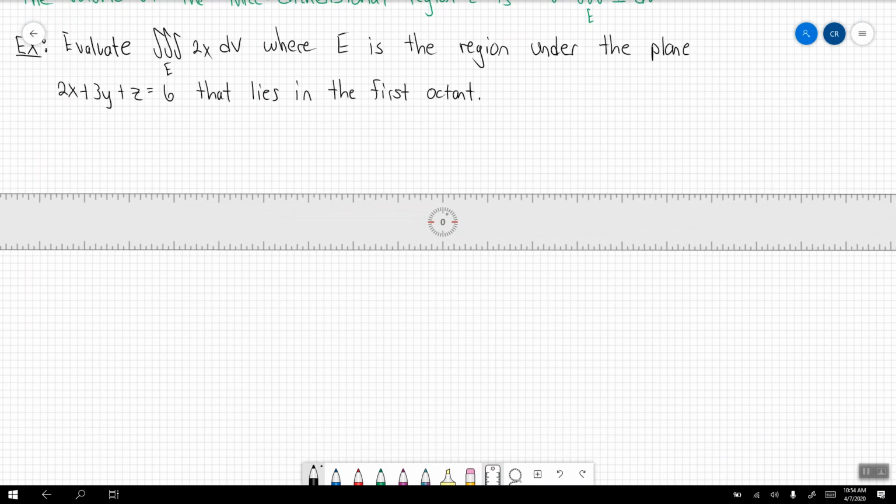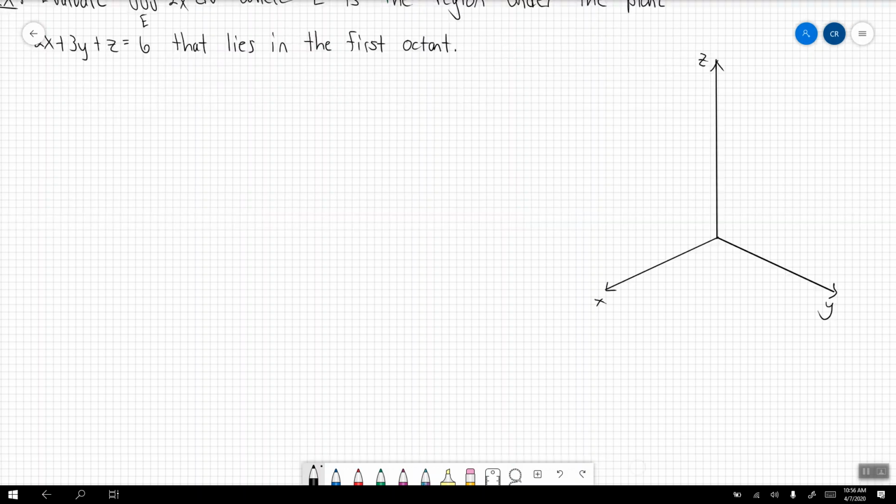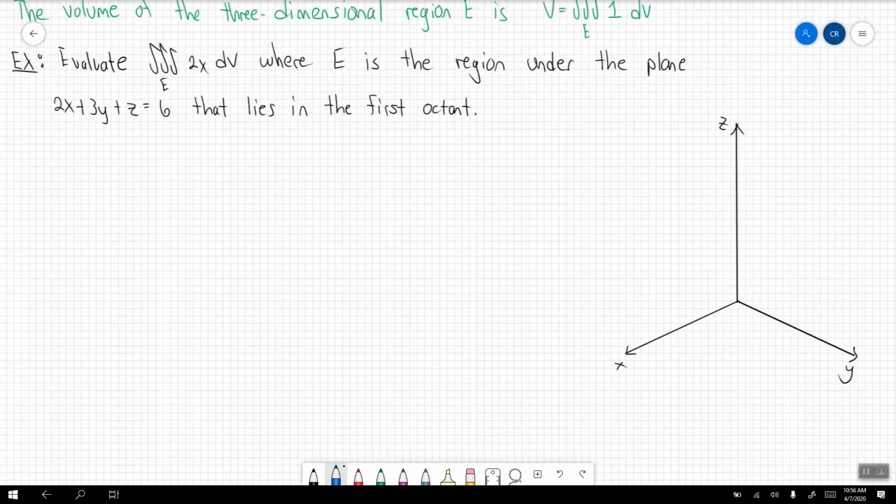So I'm going to get a coordinate system going really quick, the x, the y, and the z, and then we'll get to drawing that figure out. All right, so here's my x, y, and z coordinate system. Now, again, I want to be in the first octant. The first octant is where all of the values are positive.